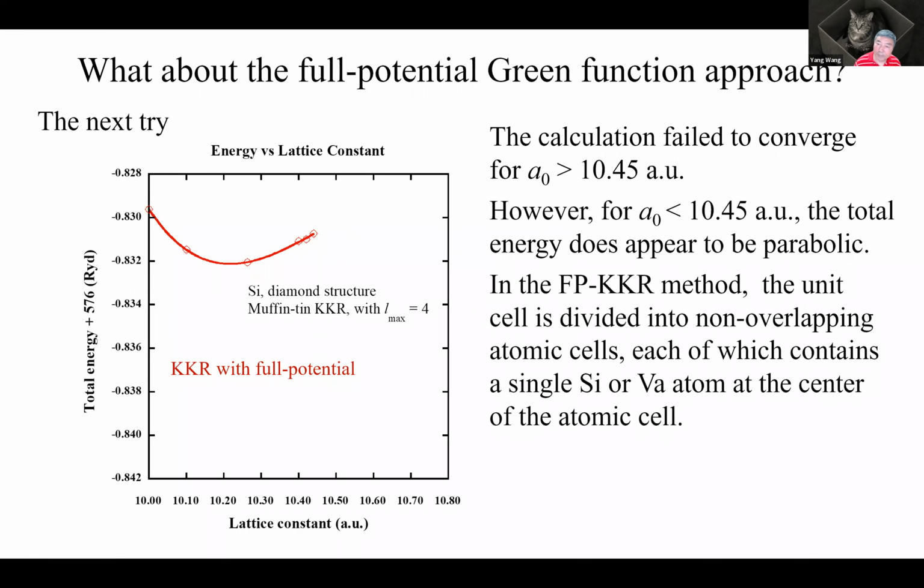Okay. So it turns out in the Fuchs-Taylor KKR method that we use, the entire unit cell space is divided into non-overlapping atomic cells, as I explained some other time, and each contains a single atom, either silicon or, in this case, a virtual atom, an empty cell.